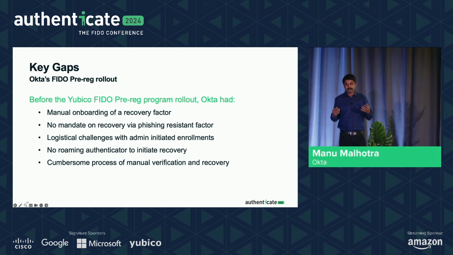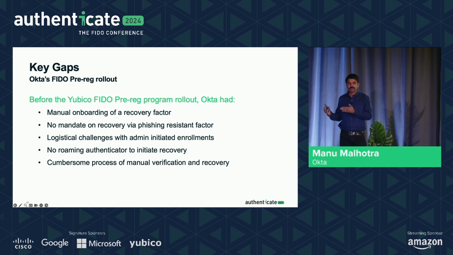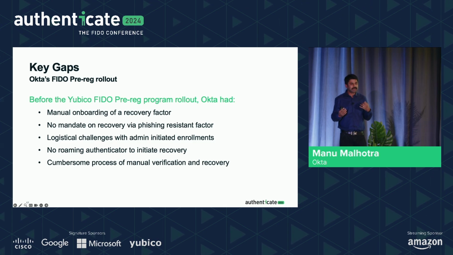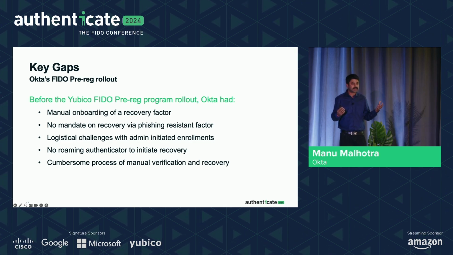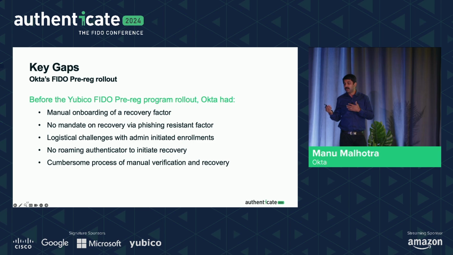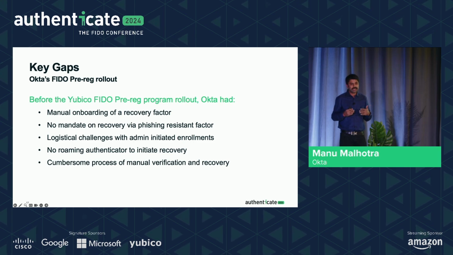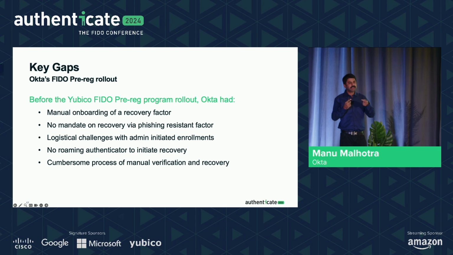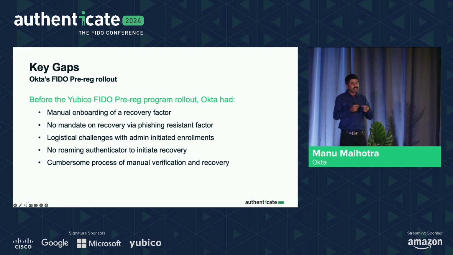And that's where we have partnered with Yubico, because they are the leading hardware security key providers, and YubiKey is the gold standard for security keys. So we partnered with them because we understand these challenges, and Yubico has a program where they do all the minting of the YubiKey, putting the credential on it, then sending it out to the actual user.